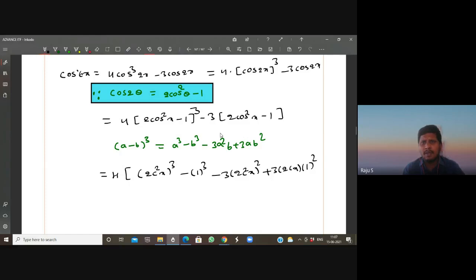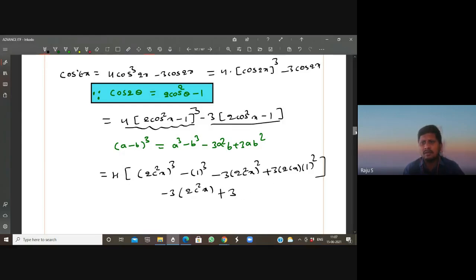Now first I expanded this, then multiply with 2 here, multiply with 3 here, so not plus 3, minus 3 times 2 cos square x, minus into minus plus 3.